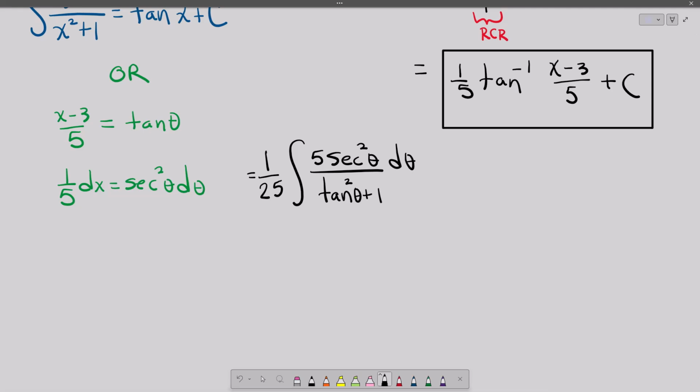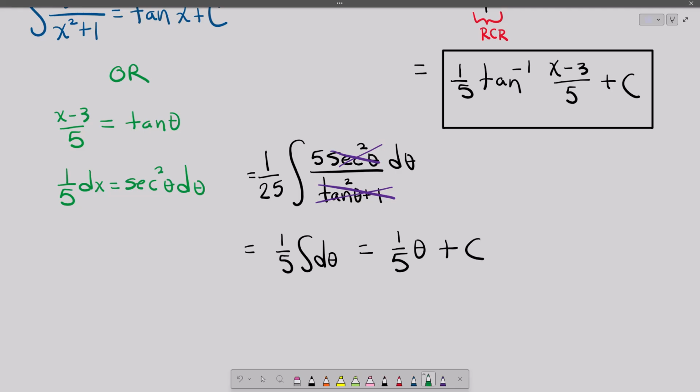Secant squared. So this denominator cancels with that. So this would all become 1/5, the 5 factors out to the front, integral of d theta. Well, that is just 1/5 theta plus c.